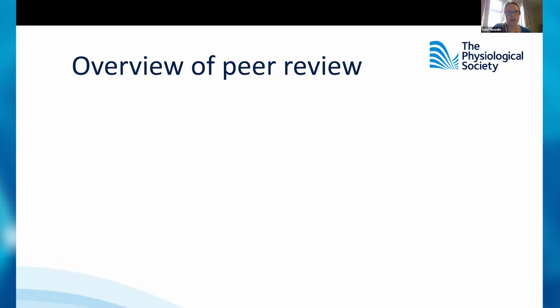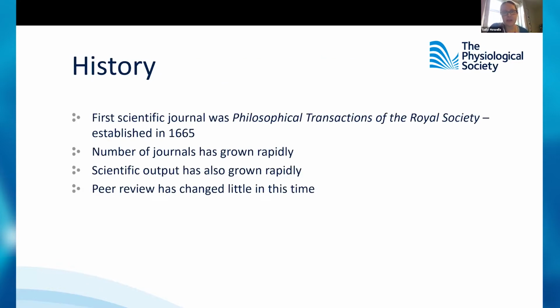So peer review, it has been going since 1665. The first peer-reviewed journal was Philosophical Transactions of the Royal Society. Since then, obviously, the number of journals has grown, the scientific output has grown, but actually peer review as a concept really hasn't changed at all. So obviously back in the day, there was no technology to help them.